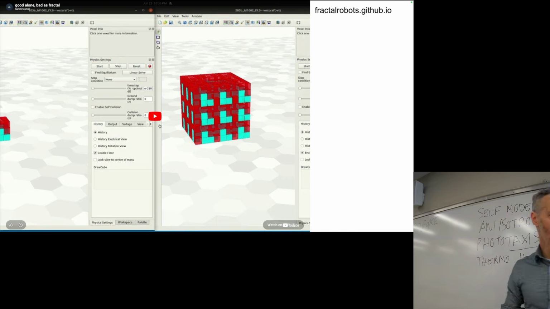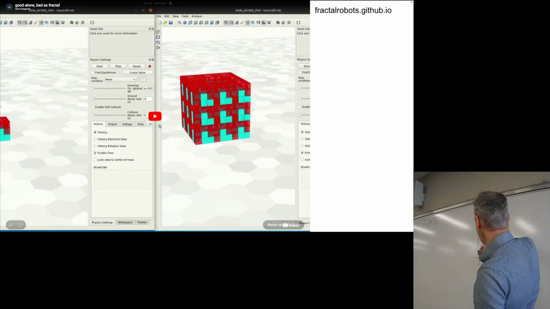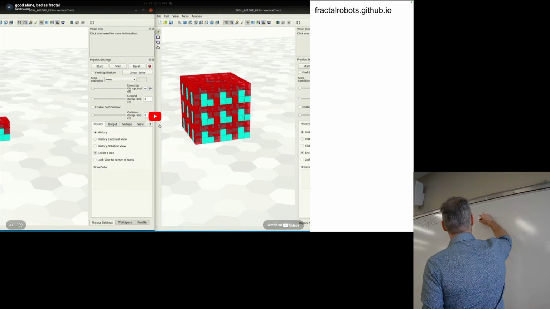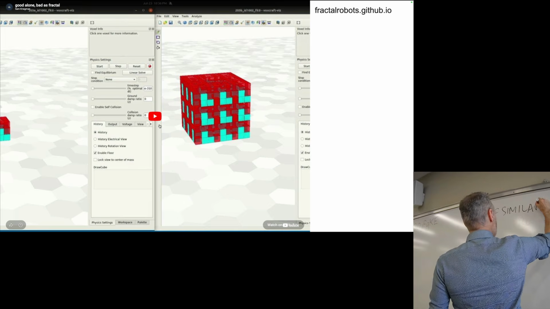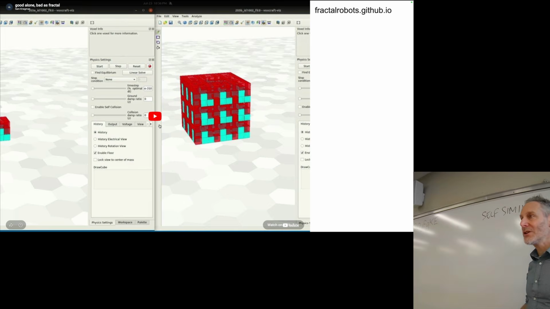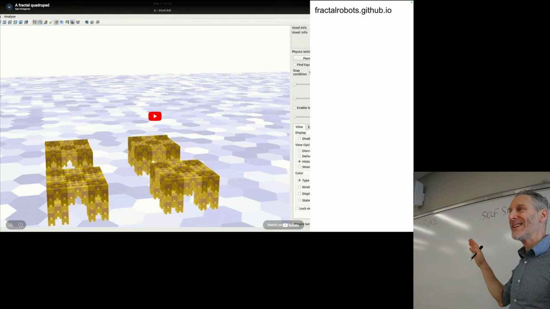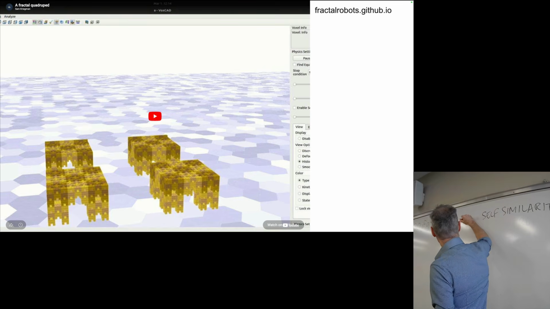The underlying mathematical principle underneath fractals is self-similarity. So as you zoom in or zoom out, you see similar structure. That's self-similarity. What you just saw in the previous video was geometric self-similarity. Our big table robot here looks the same at different spatial scales. What about behavioral self-similarity?